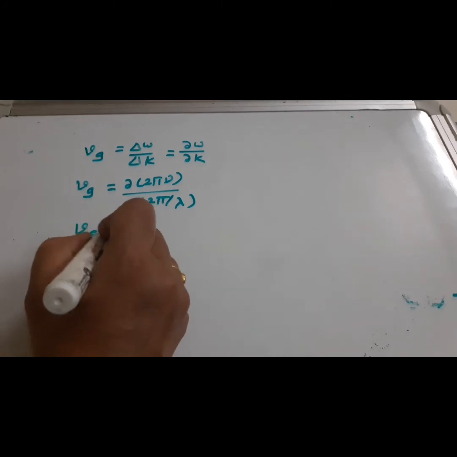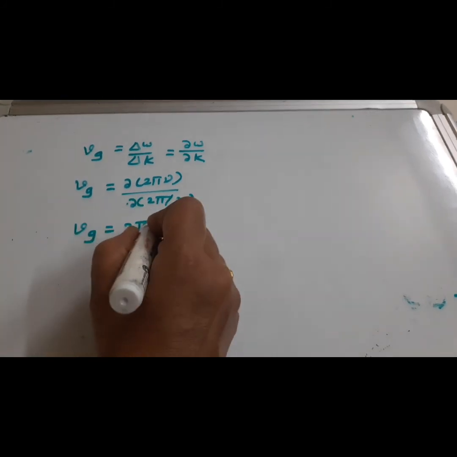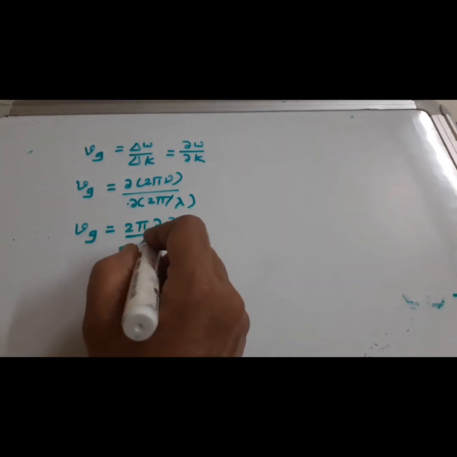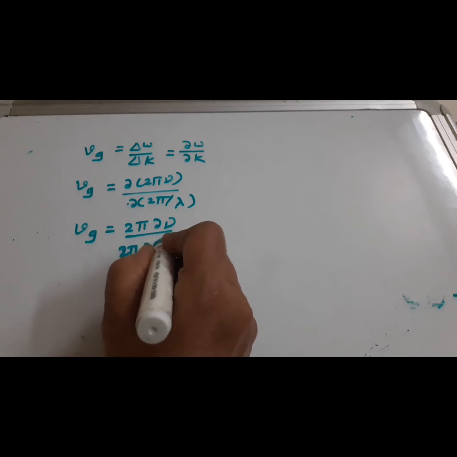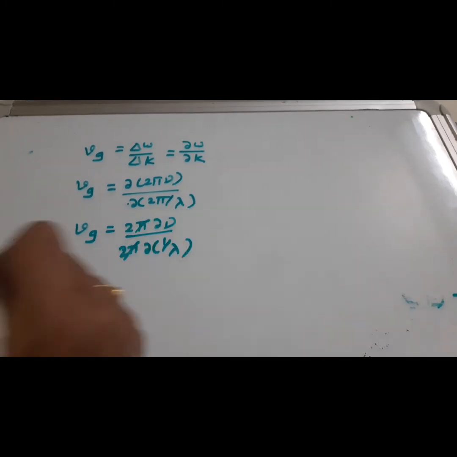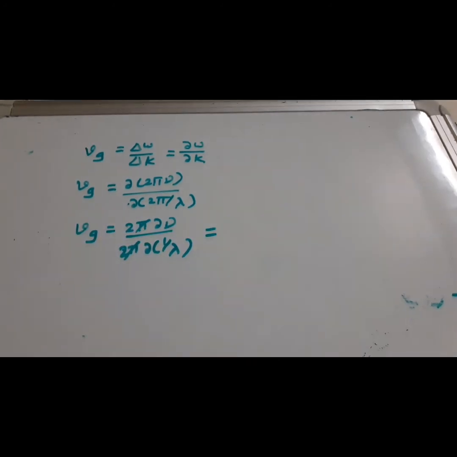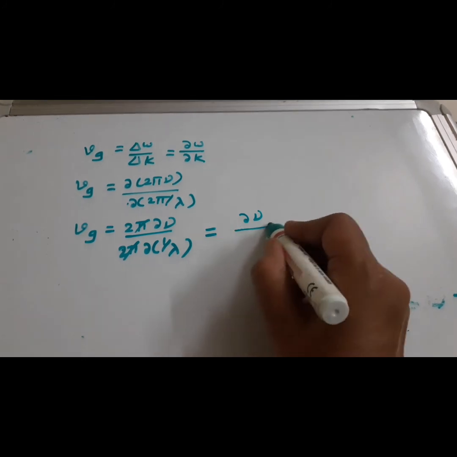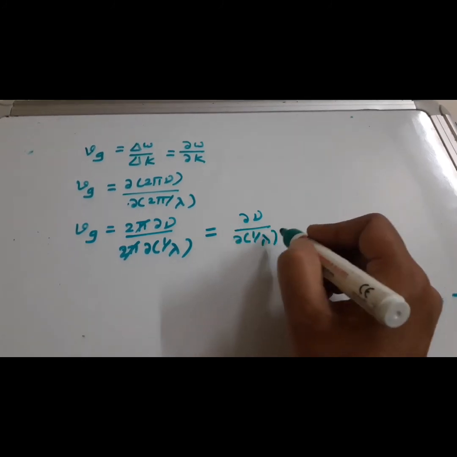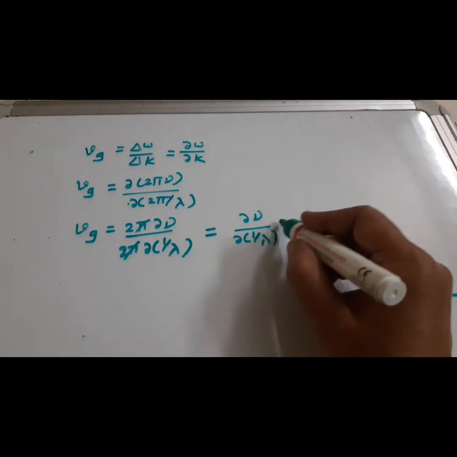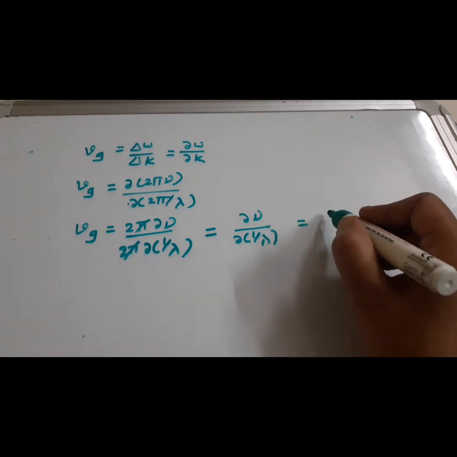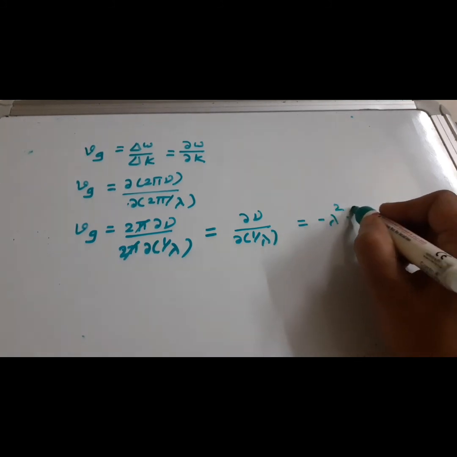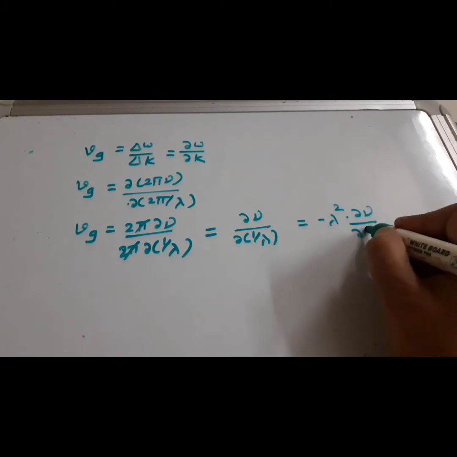Since 2 pi is constant, Vg is equal to d nu divided by 2 pi into d(1 by lambda). This 2 pi and this 2 pi get cancelled, and we write Vg is equal to d nu by d(1 by lambda). After simplifying, Vg is equal to minus lambda square into d nu by d lambda.